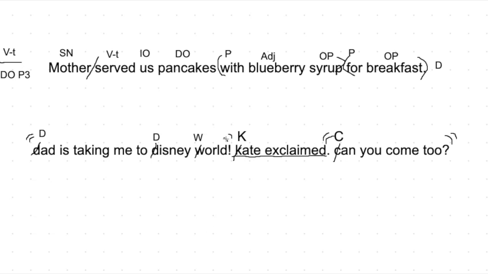Quotation marks. Kate exclaimed. Capitalized Kate. Put in our ending punctuation. Quotation marks, capitalize can, put in our question mark, and we have our quotation marks. All right, we have everything done. You can now complete Chapter 9, Checkup 46. I will go over it throughout the rest of the video, but only watch the rest of the video if you need help.